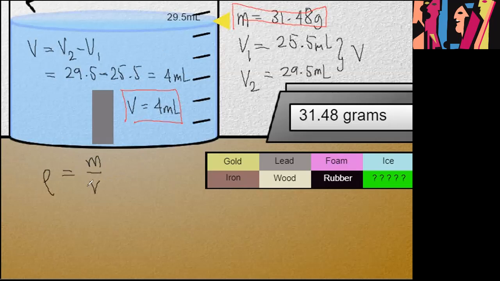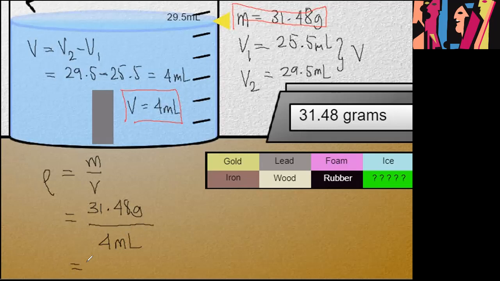Do I need to rearrange? The answer is no. So I can continue to substitute. My mass is 31.48 grams, and my volume is 4 milliliters.